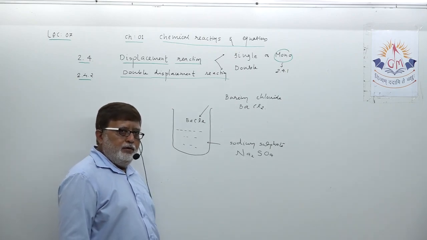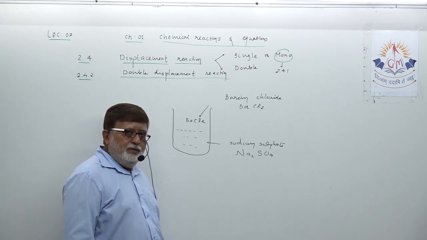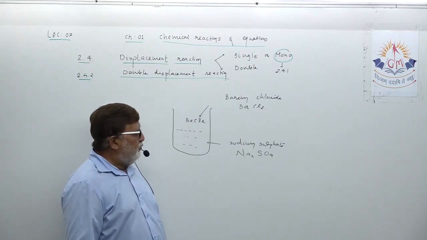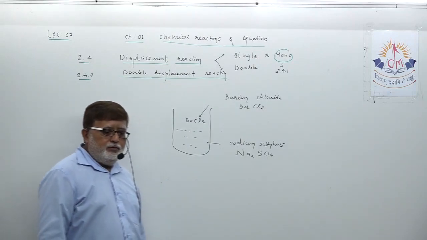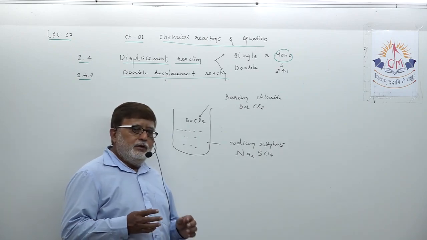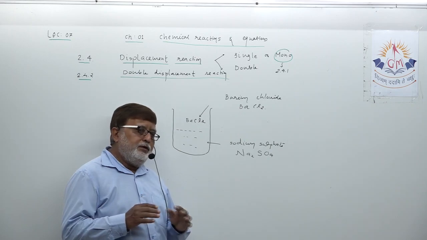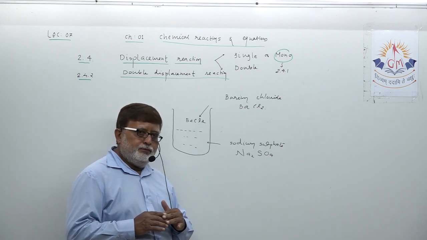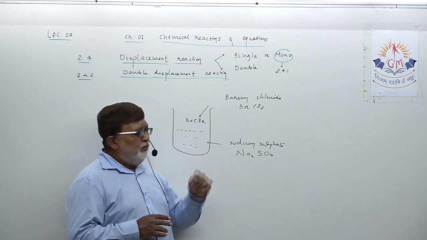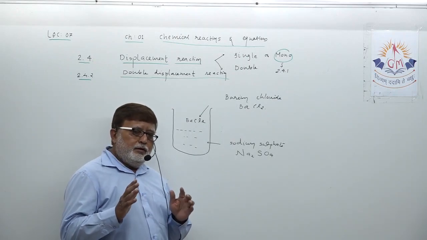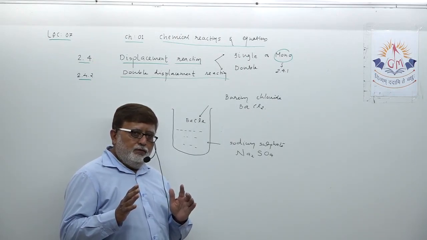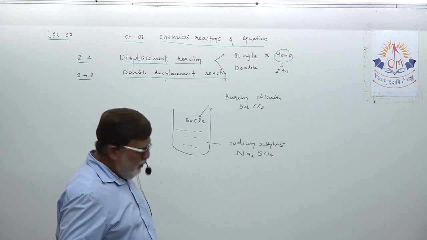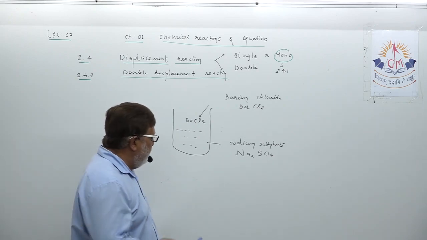Now, dear student, when you take two such compounds, the aqueous solutions of the two compounds are reacting here with each other. One is barium chloride and one is sodium sulfate. Now, dear student, when you are reacting the two aqueous solutions, sodium sulfate and barium chloride, and you observe for some period of time, what you will see, dear student, within a short period of time?